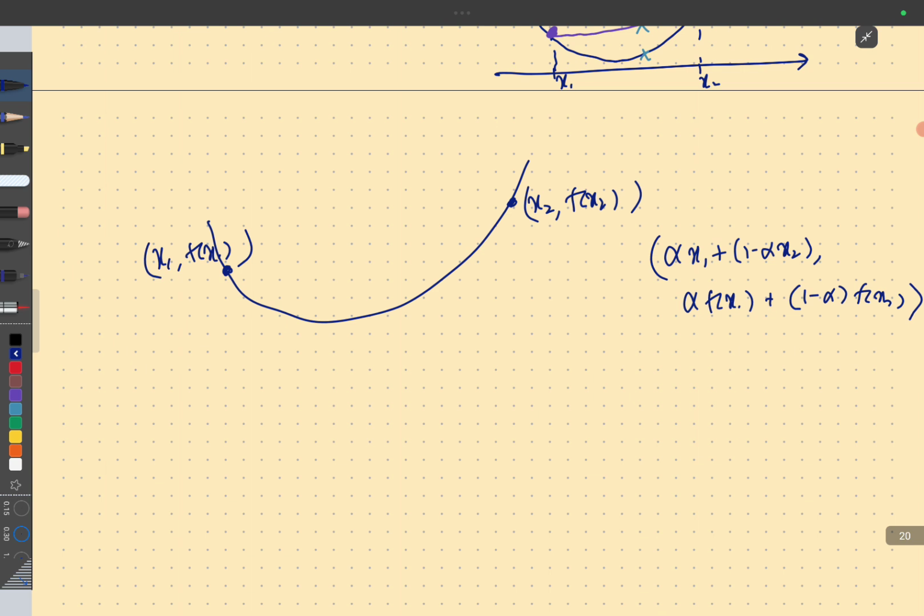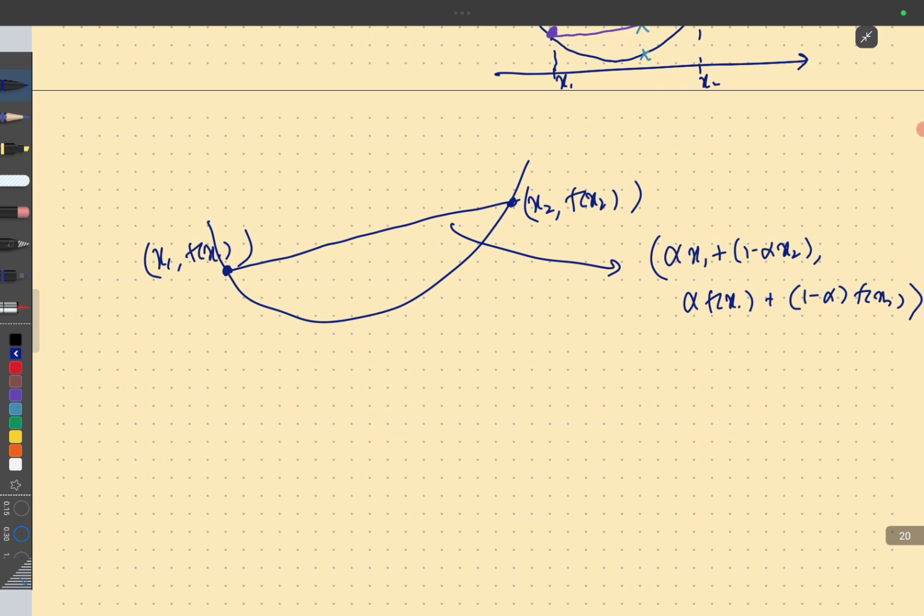Where would this lie? The x value is alpha x1 plus 1 minus alpha x2. The y value is alpha f of x1 plus 1 minus alpha f of x2. As I vary alpha from 0 to 1, what kind of curve would this represent? It would be a straight line or a line segment that joins these 2 points.